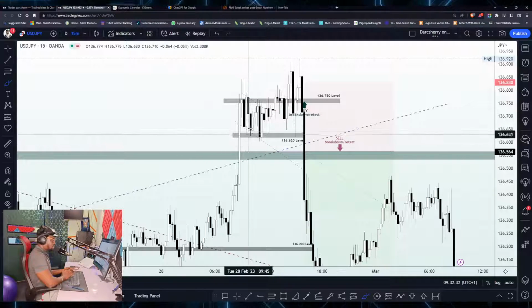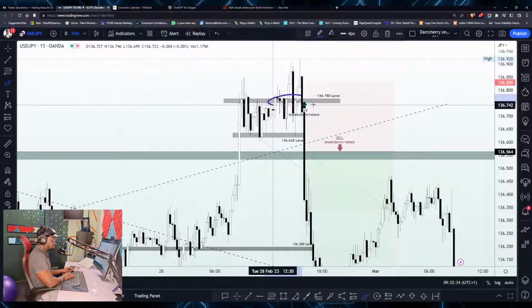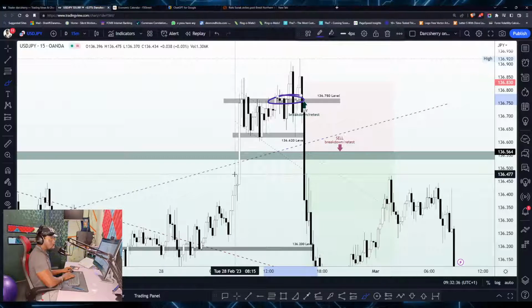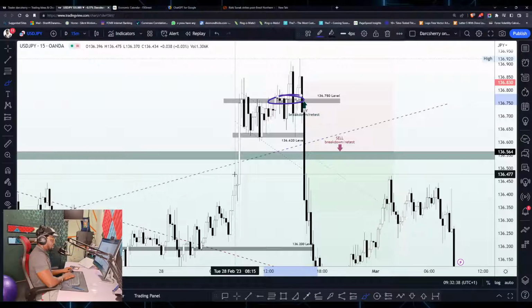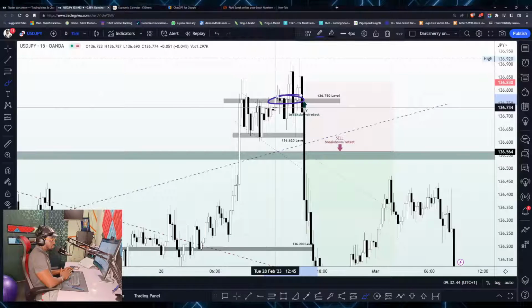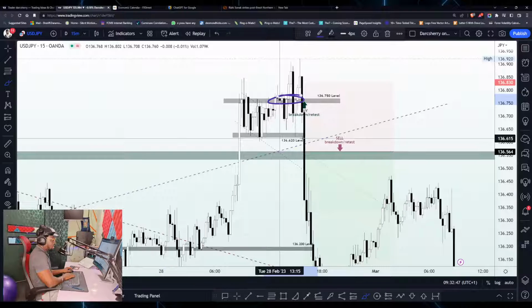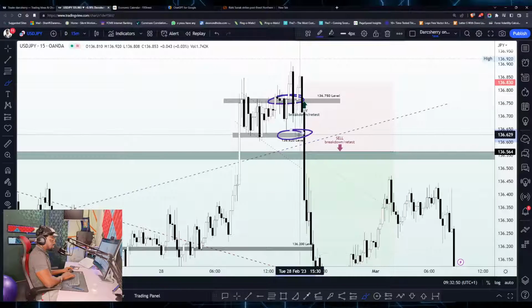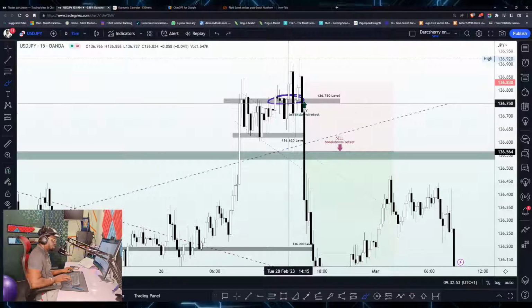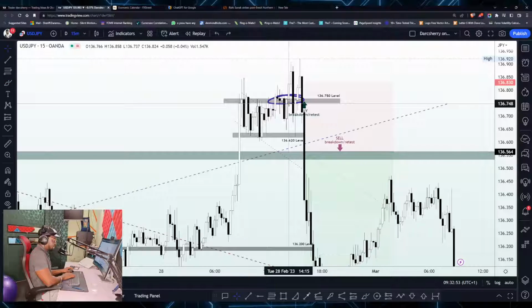And a couple of times we saw the breakout of that structure, which would have definitely triggered a buy position at that point, and I hope you moved your stop loss accordingly as price action moved in our favor. But if you didn't, you will be taken out, as I told you that we should be having our stop loss sitting right around the 136.620 level here.